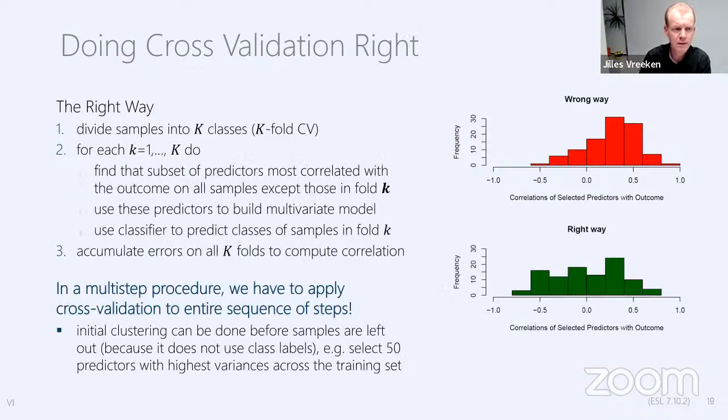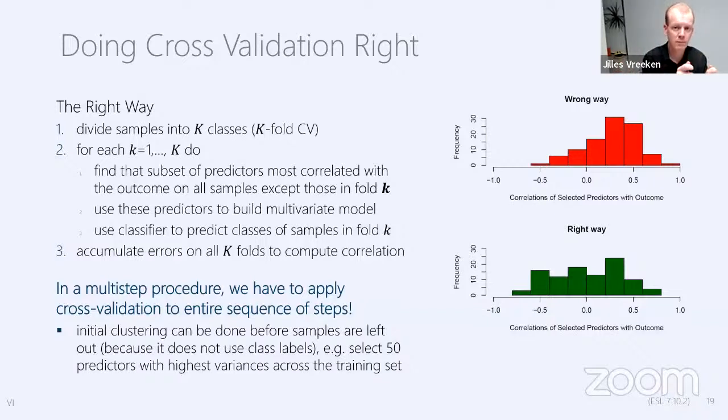Bad idea. The right way to do it is to start by dividing your data into k folds, right? And then for each of those, we train on all folds except for the one that we leave out. For those, we find the predictors most correlated with the output.